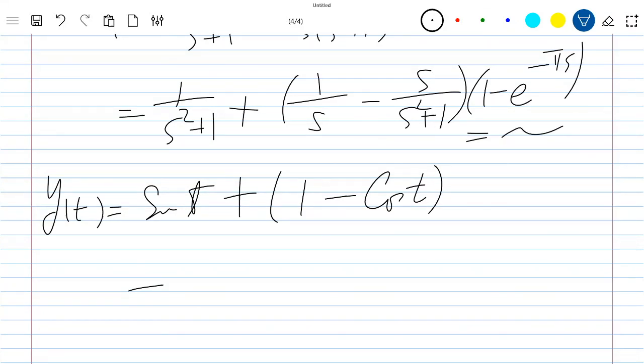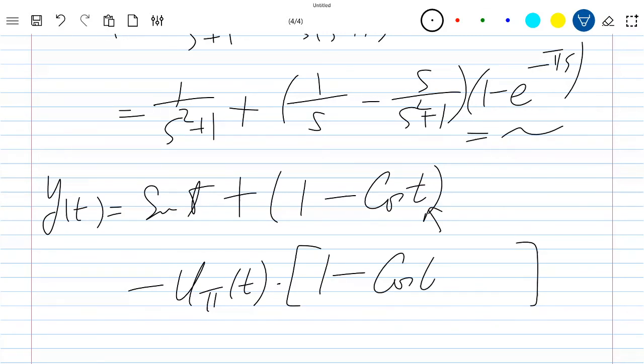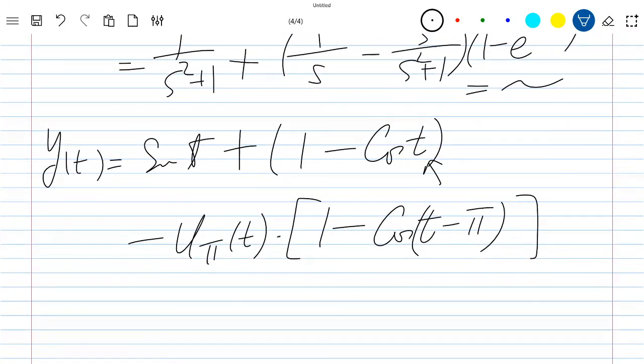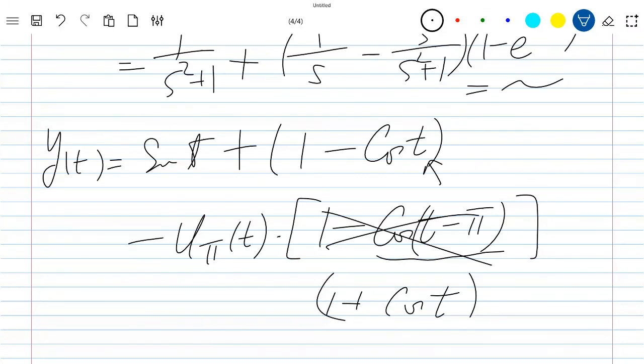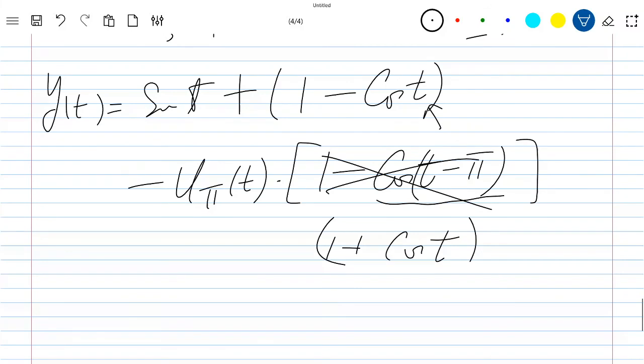You have minus u pi of t times, the only difference is that you have to replace this t by t minus pi. Right? If you want, this is not cosine t, this is 1 plus cosine t. Right? So you can just write down the solution in that form. Okay, I think that's it for this chapter, and you can just do your homework.